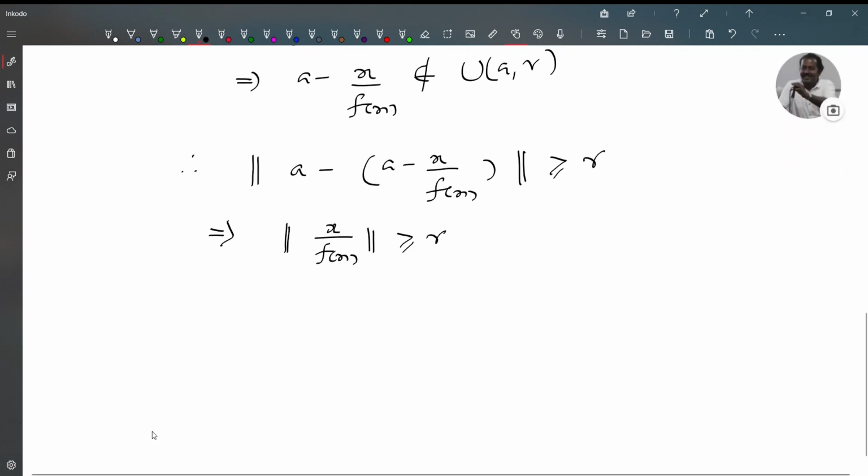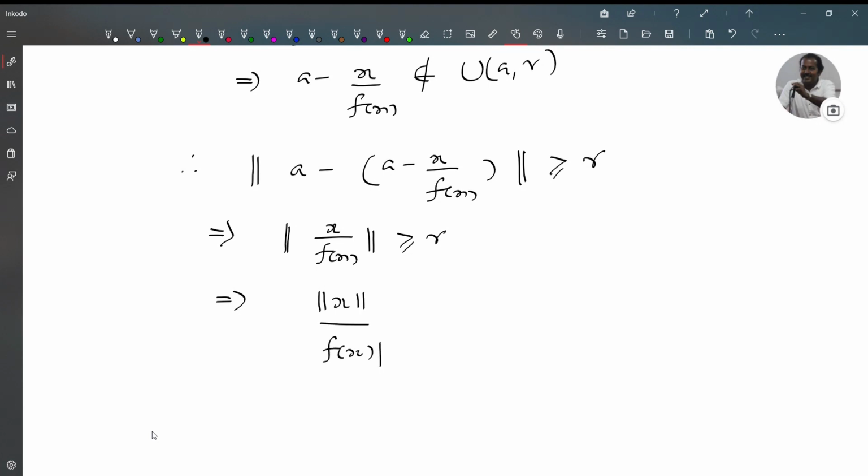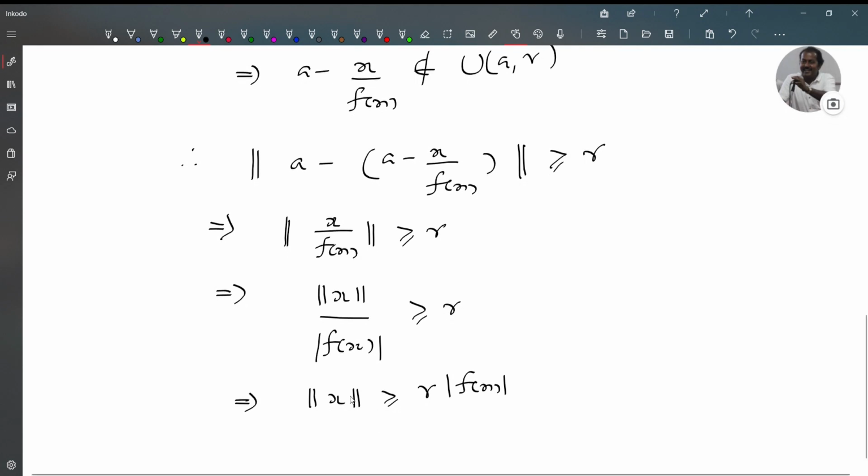So this implies norm x by modulus of f of x is greater than or equal to r. So norm x is greater than or equal to r times modulus of f of x, and from that you get modulus of f of x is less than or equal to 1 by r times norm x.